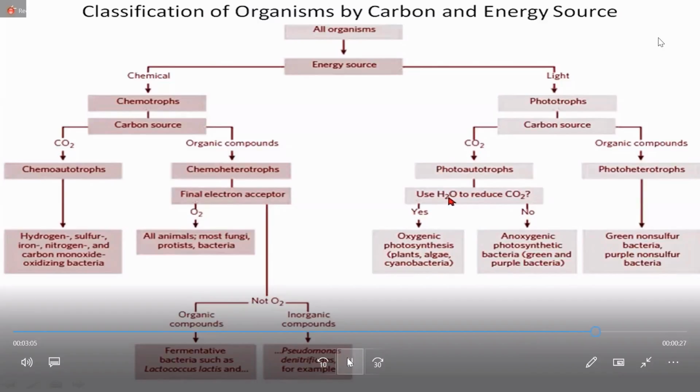If instead of H2O they use other compounds like H2S or only H2, they don't release oxygen and are known as anoxygenic. Oxygenic photosynthesis occurs in plants, algae, and cyanobacteria, and anoxygenic photosynthesis occurs in green and purple bacteria. Examples of photoheterotrophs include green non-sulfur bacteria and purple non-sulfur bacteria.